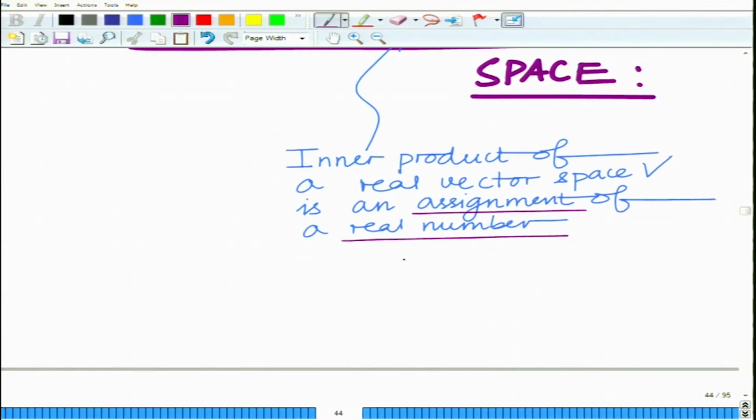and for any two vectors u bar, v bar, that is denoted by this notation, the inner product of u bar comma v bar.